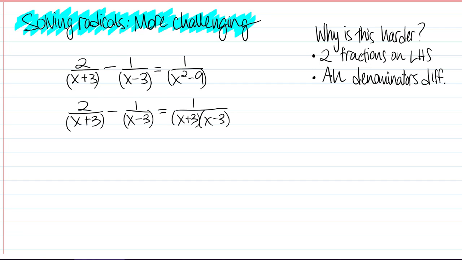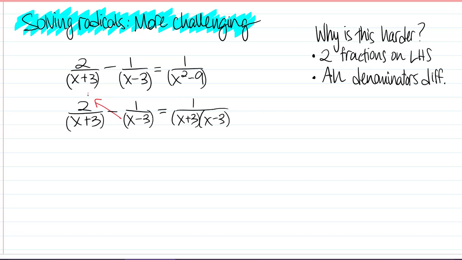So I can probably get my denominators together here by using what I call a trick, and I don't want you to overthink this. Basically, it's me condensing more than one step into this work.